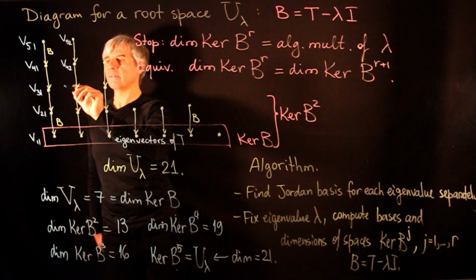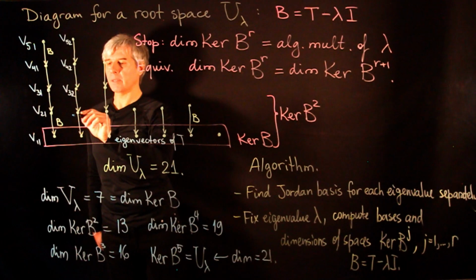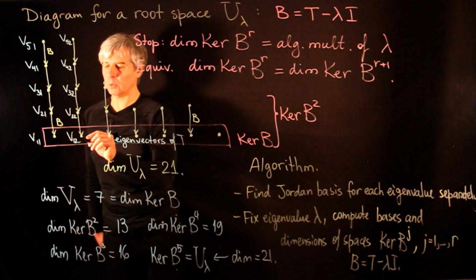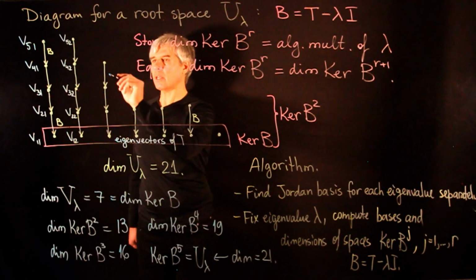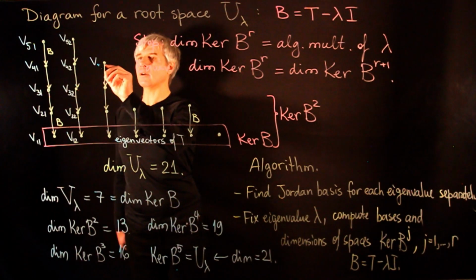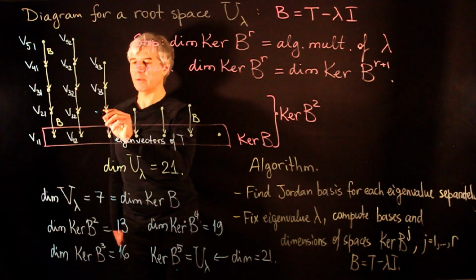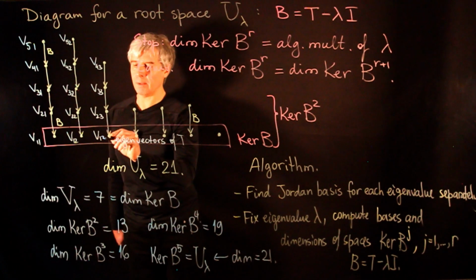v42, v32, v22, and finally v12. Vectors in the third strand will be v43, v33, v23, and v13.